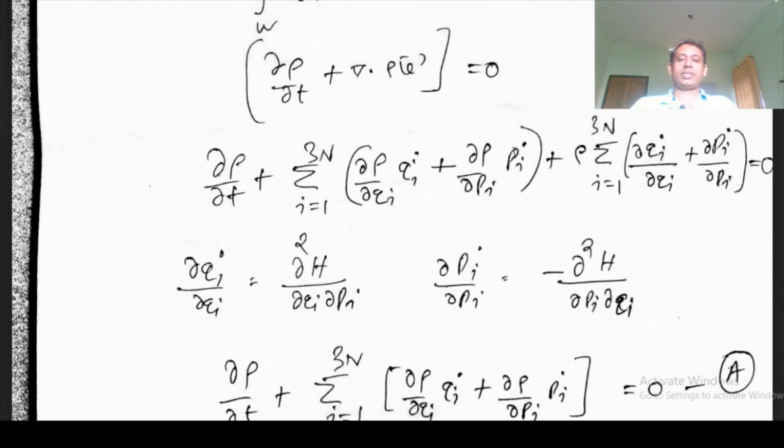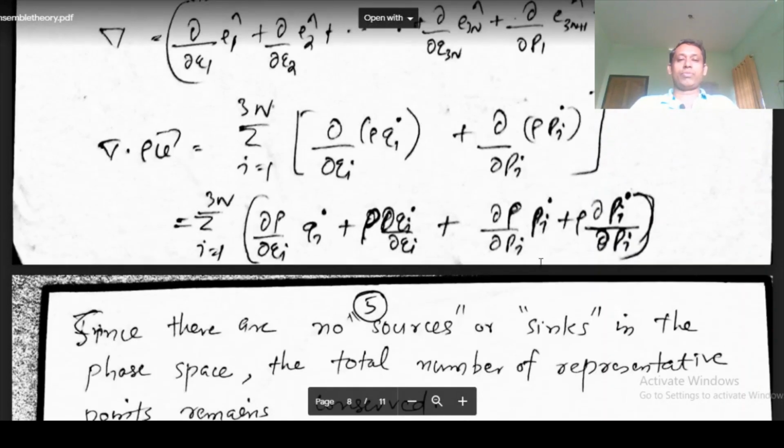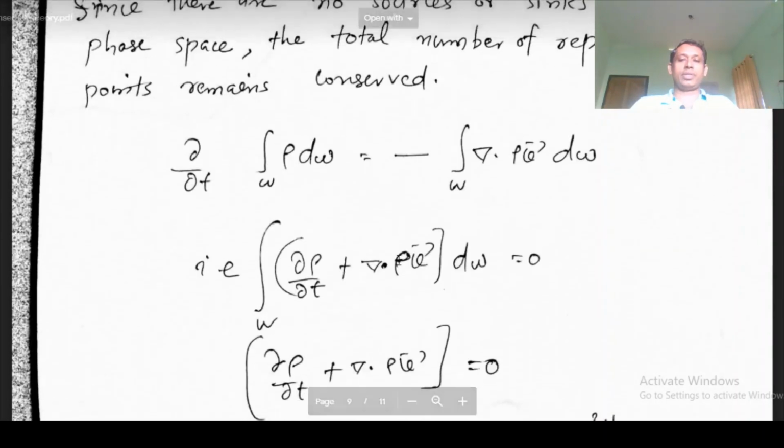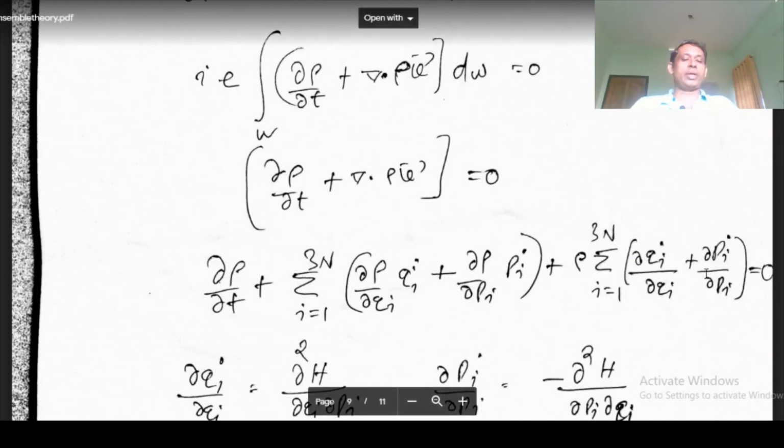So I will get ∂ρ/∂t, this term, plus this one. There will be altogether 4 terms. So this is the sum from i equal to 1 to 3n of ∂ρ/∂qi times qi dot plus ∂ρ/∂pi times pi dot, plus ρ times the sum from i equal to 1 to 3n of ∂qi dot/∂qi plus ∂pi dot/∂pi.